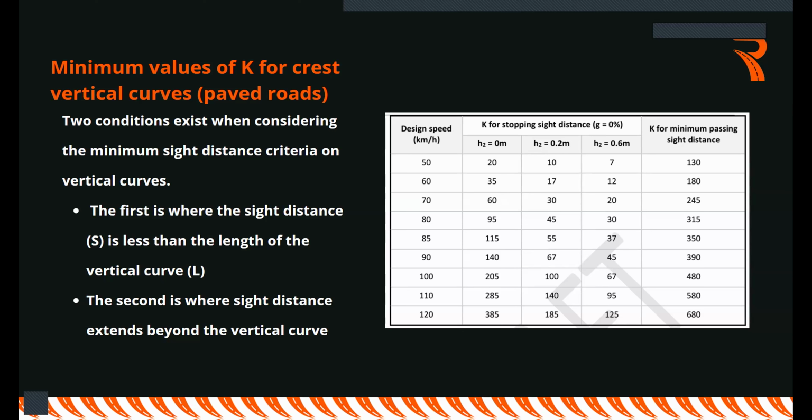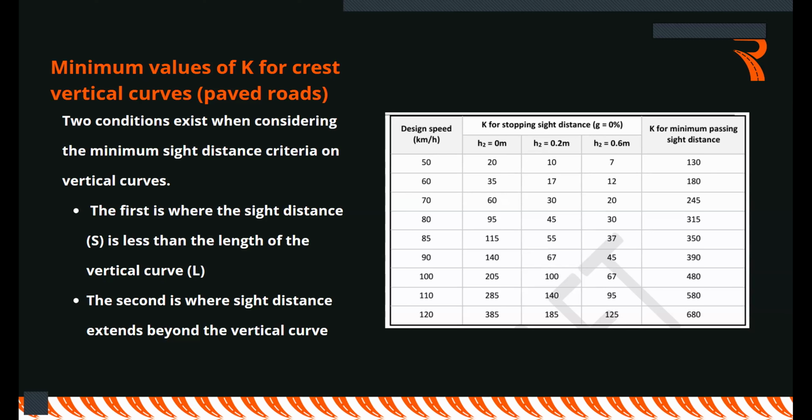The beauty of this stopping sight distance, if you provide for it, is that in case you see an obstacle, even at just a reasonable distance, you'll be able to stop.